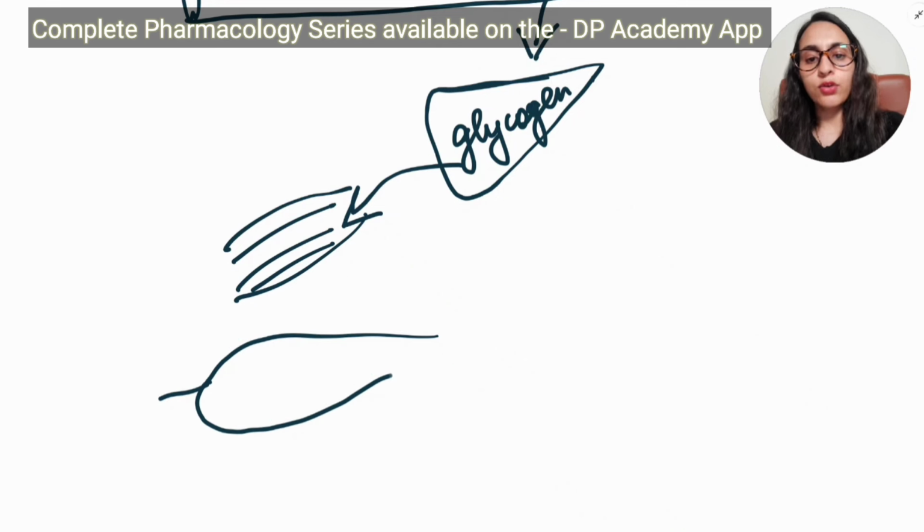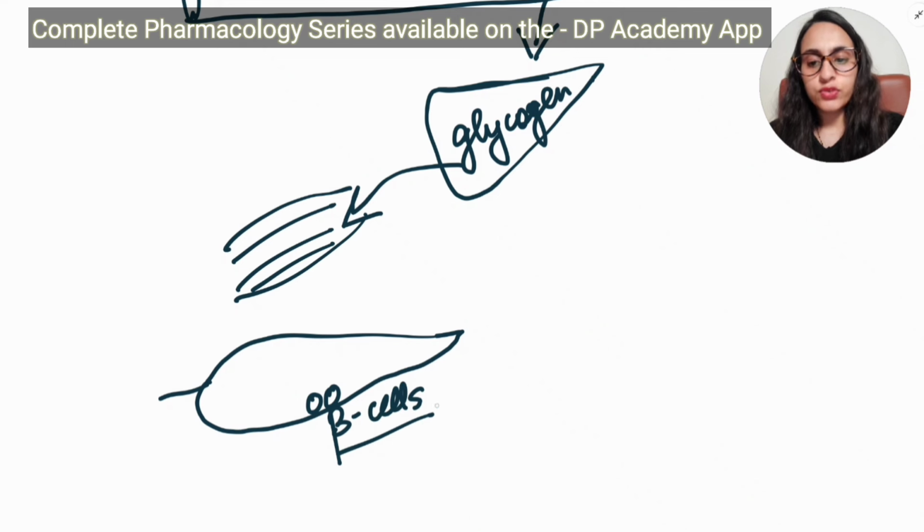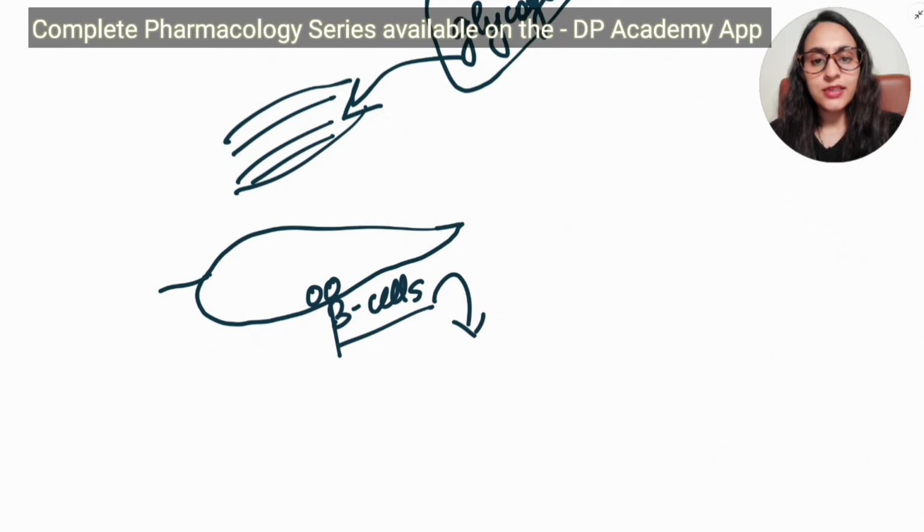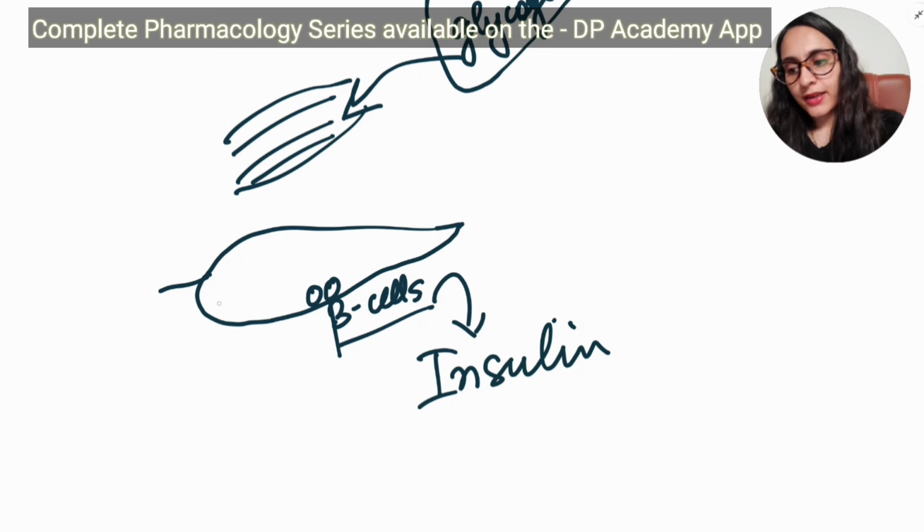In the pancreas, when there is a high blood glucose level, the beta cells release the insulin hormone. This insulin acts by inhibiting the ATP-sensitive potassium channel. Also, the pancreas secretes amylin.